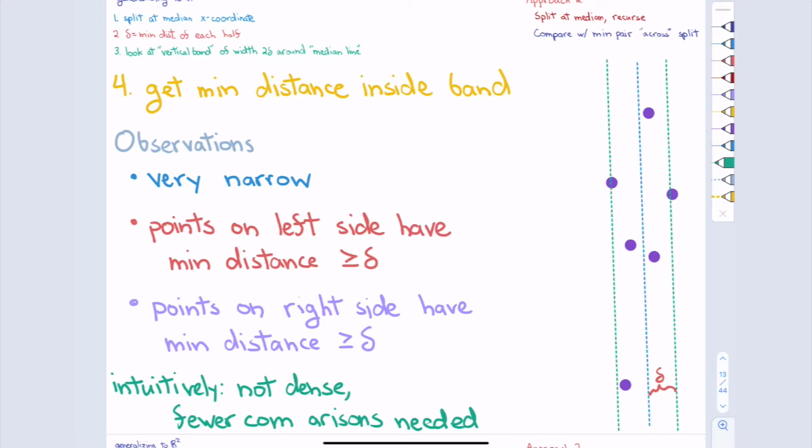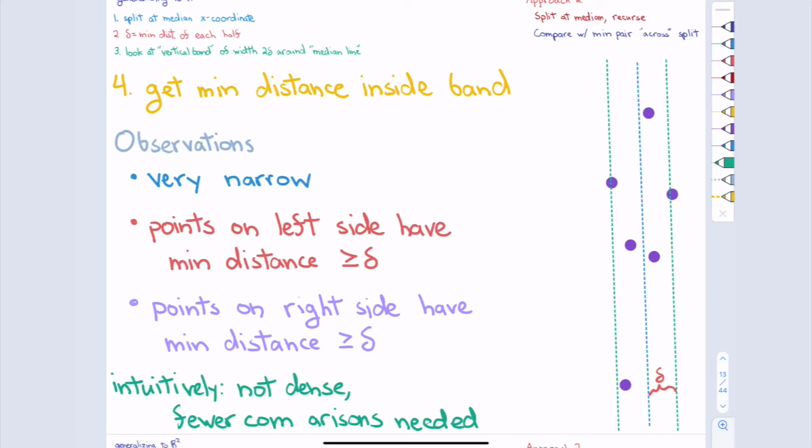Okay, so you have this very narrow column. And just on one side, all the points have to be roughly the width of the column apart. So at some level, each side can't be that crowded. Right? All the points are spread out in proportion to the width.